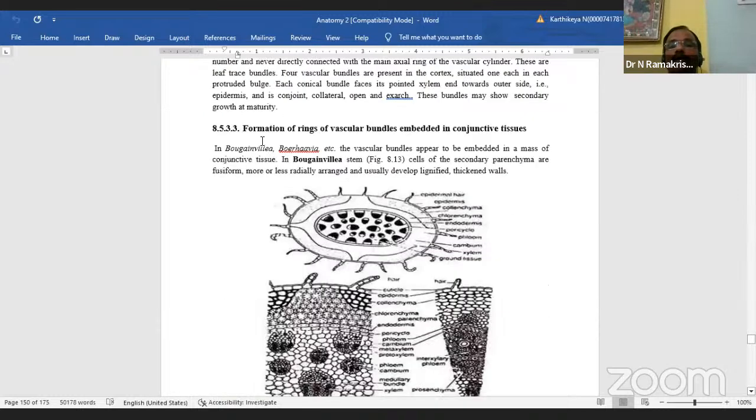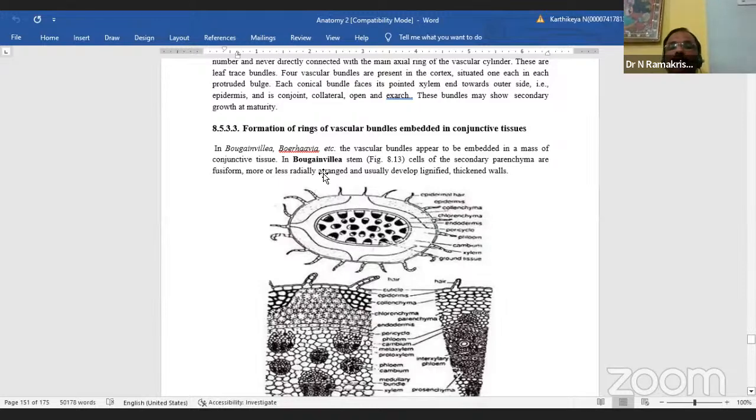And one more is the formation of rings in vascular bundles embedded in the conjunctive tissues. What type of activities are we looking at in vascular bundles? Based on that, we are looking at the anomalous secondary development.